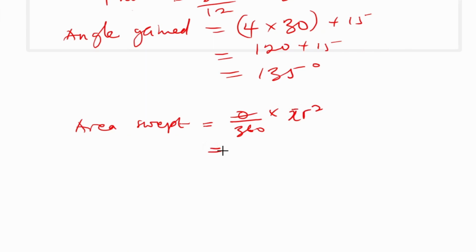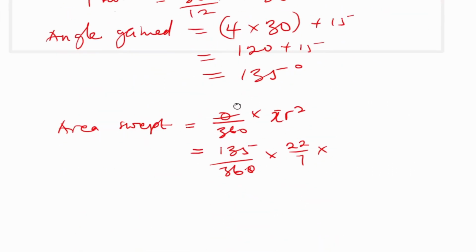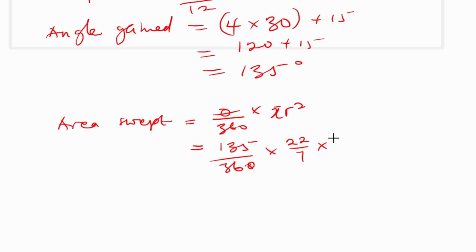So substituting the numbers, our theta is 135 degrees over 360 times pi, which is 22/7, times the radius of the circle, which the question gave us as the hand of the clock, 3.5. So that will be 3.5 times 3.5, or 3.5 squared, whichever you take.